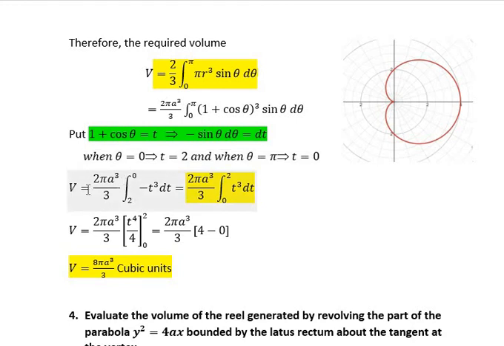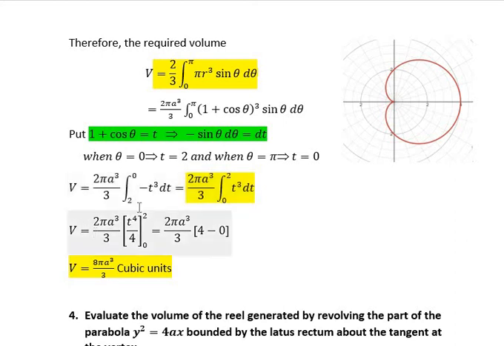So V is equal to 2 pi a cube by 3 integral 2 to 0 minus t cube dt, which is equal to 2 pi a cube by 3 integral 0 to 2, and see 2 to 0 integral has been interchanged to 0 to 2 to remove the negative sign. So minus t cube dt becomes t cube dt when you interchange the upper and lower limits.